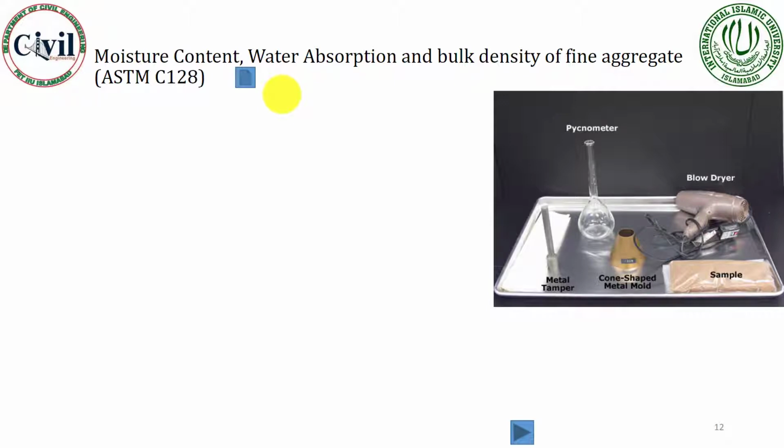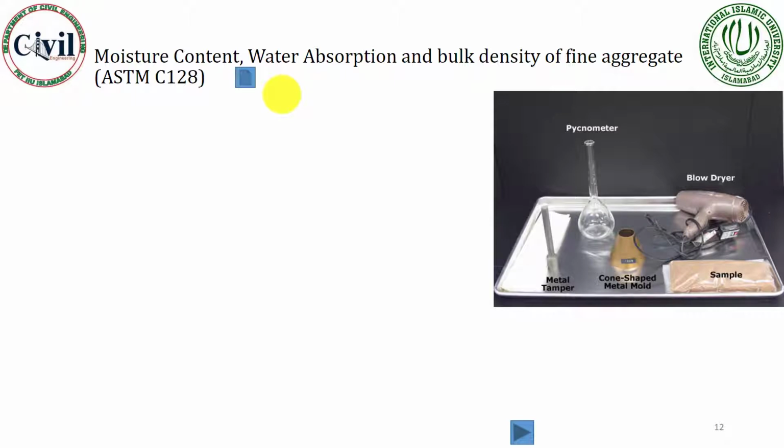SSD absorption is the saturated surface dry absorption. Saturated surface dry is the term used for a material which is saturated inside but dried on its surface.